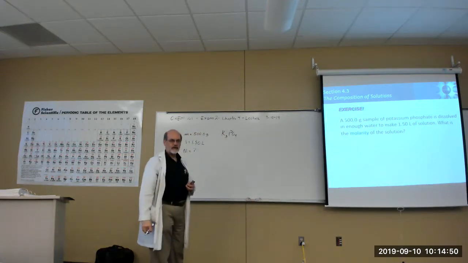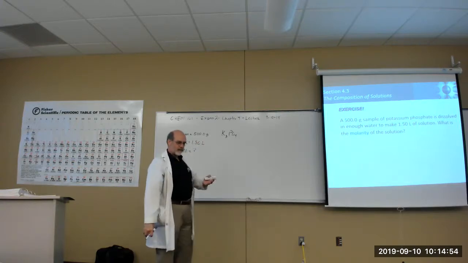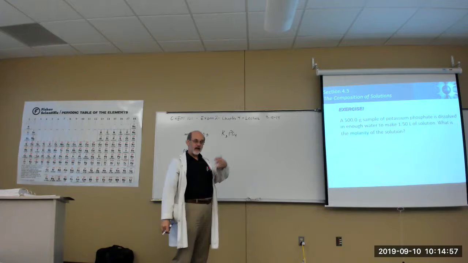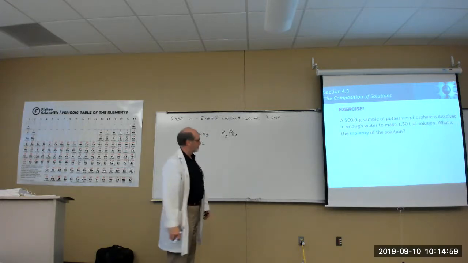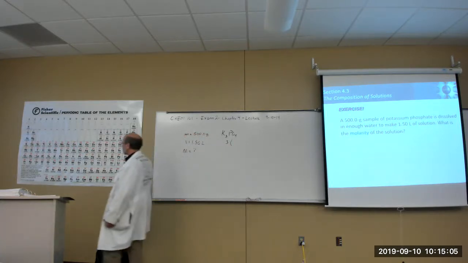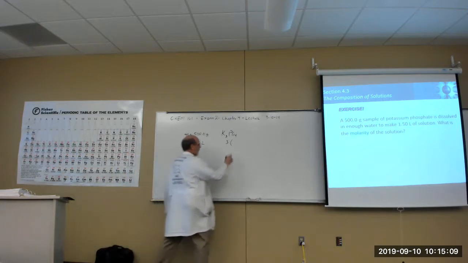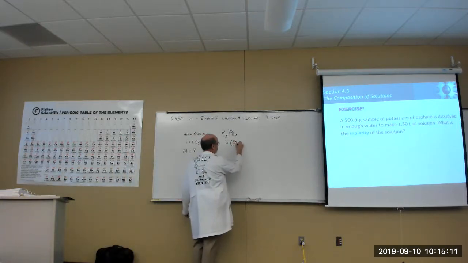How do you determine the molar mass for a compound? You add up the molar masses for all of the elements contained in the compound. So we need 3 potassiums. 39.10 rounded off, grams per mole.